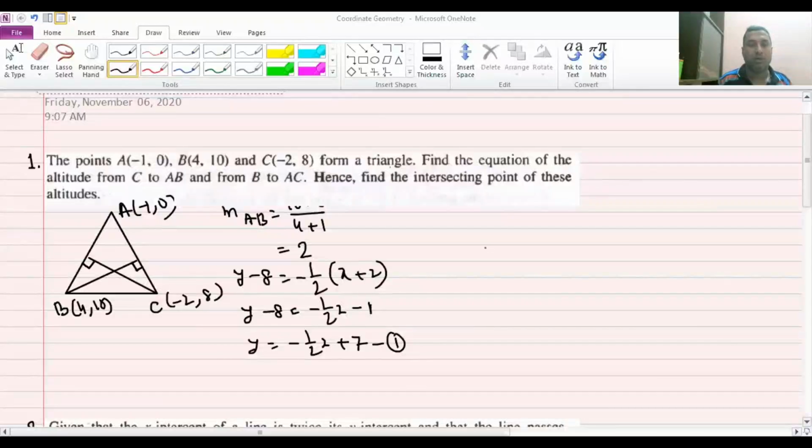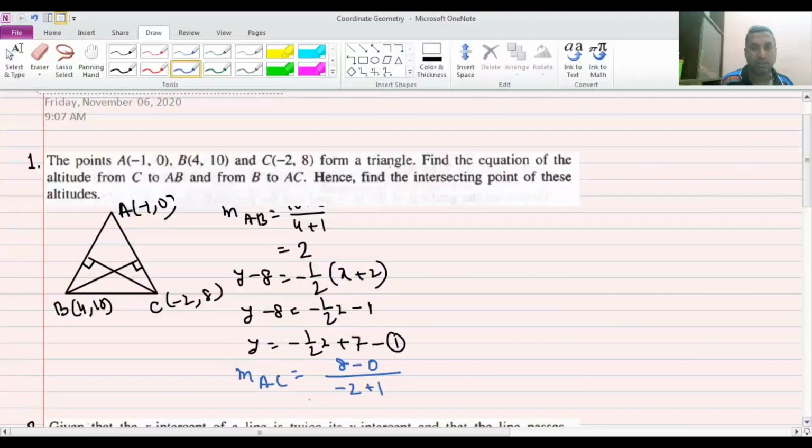In the same way, we will find the gradient of AC. Gradient of AC equals (8 - 0) over (-2 + 1), that is -8.